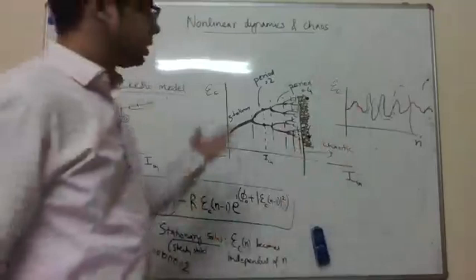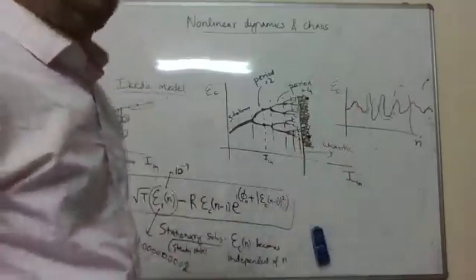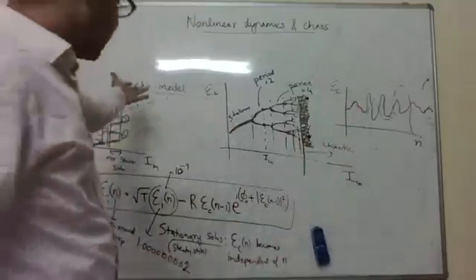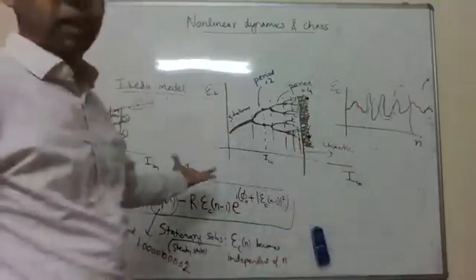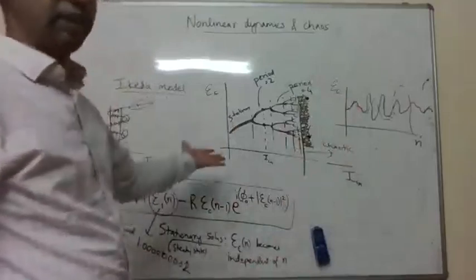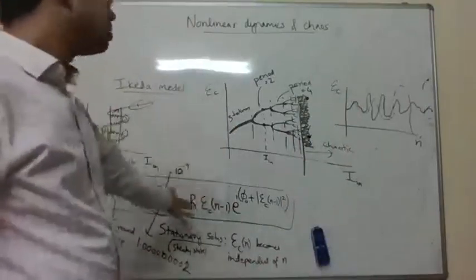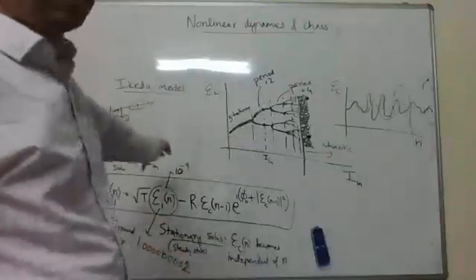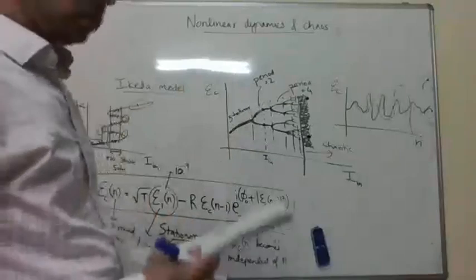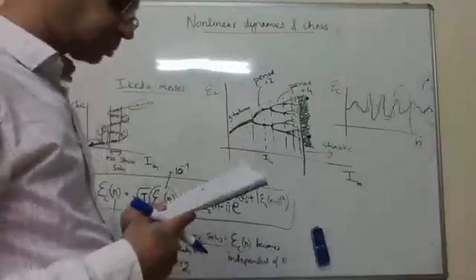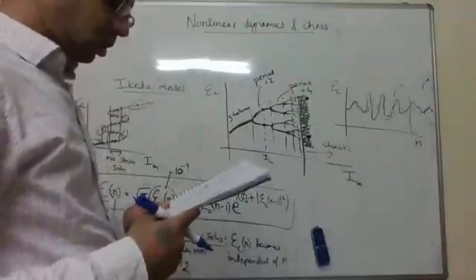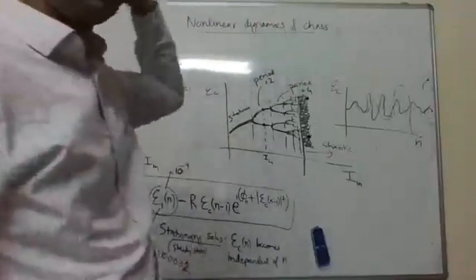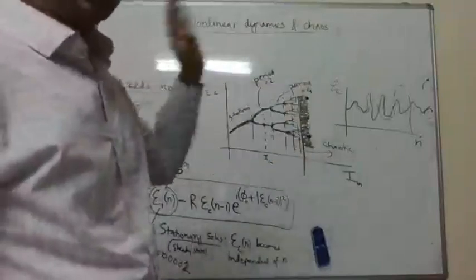But basically, you need a system of some coupled nonlinear equations to typically see chaos. But here, what Ikeda and colleagues showed was this very simple system, right? Just have an optical cavity and a chi-3 medium inside, and with that, you can see all these complicated chaotic dynamics. And they were even able to show it experimentally. So nonlinear dynamics and chaos is a whole field in applied mathematics in itself, right?